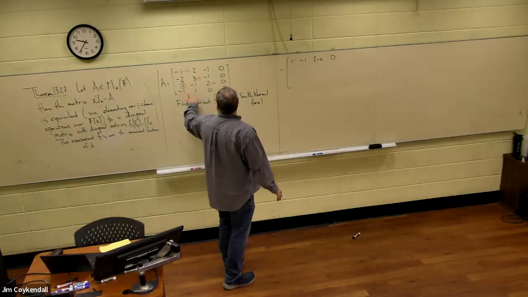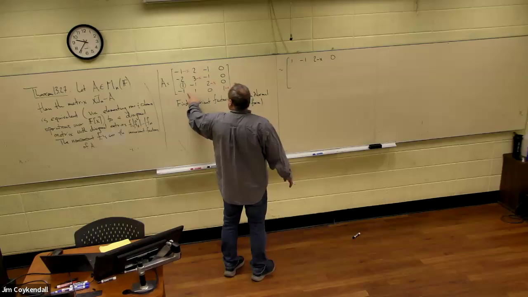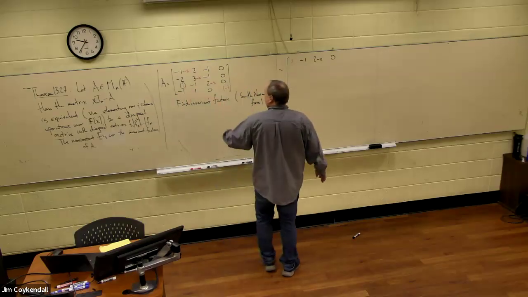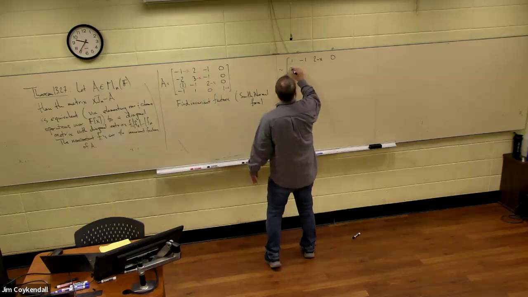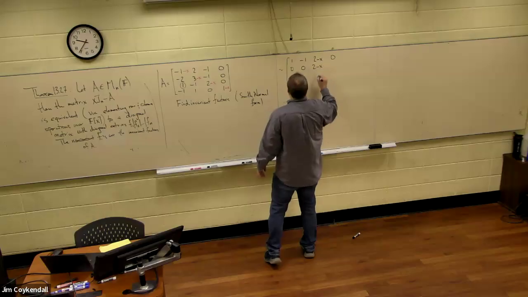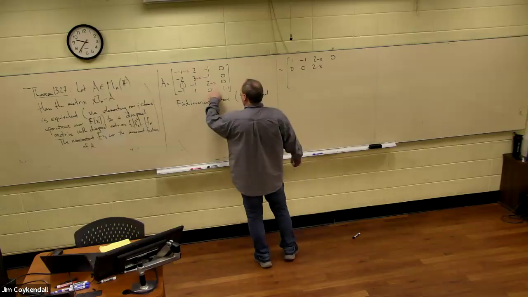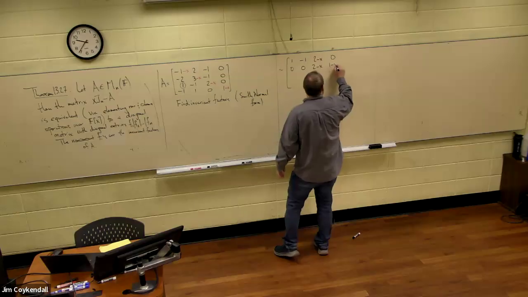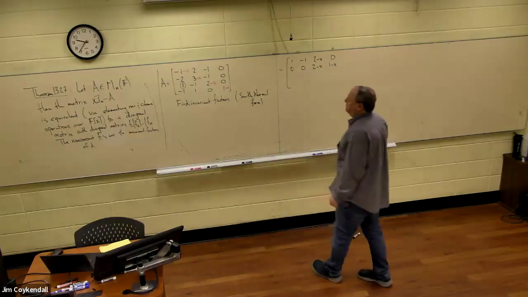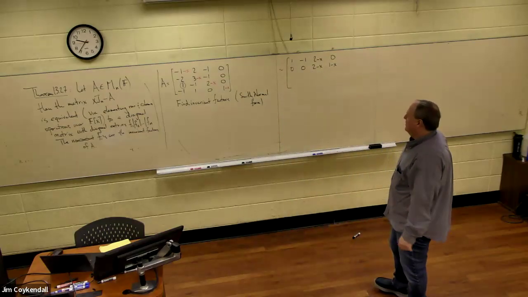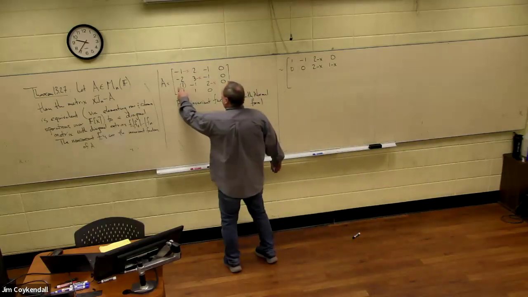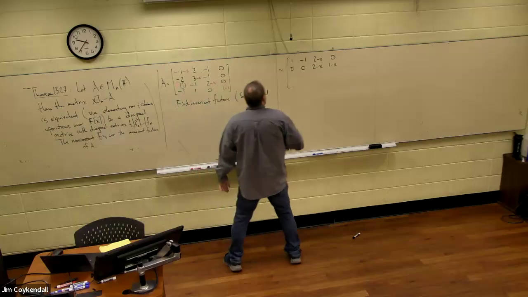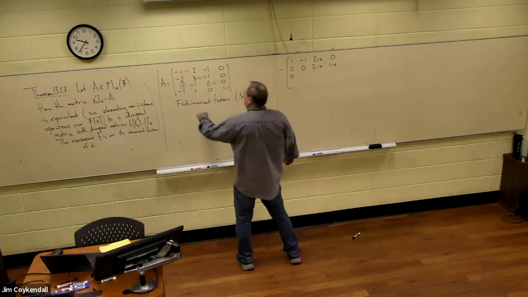So, let's see. The second thing I'm going to do is add these two rows and put it in the second one, so that's going to be 0, 0, 2 minus x. Boy, I've been lucky so far, 1 minus x. Everybody agree with that? I'm going to multiply this by 2 and kill this thing, so that's going to be a 0.